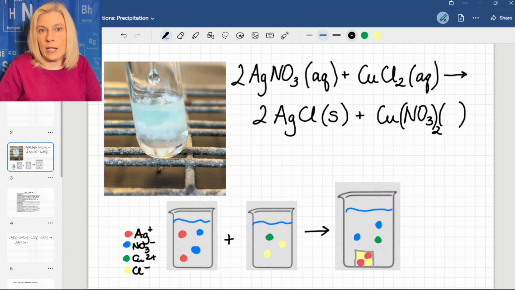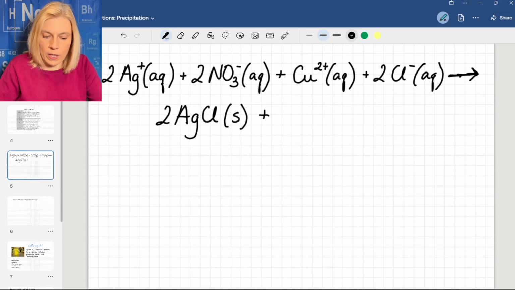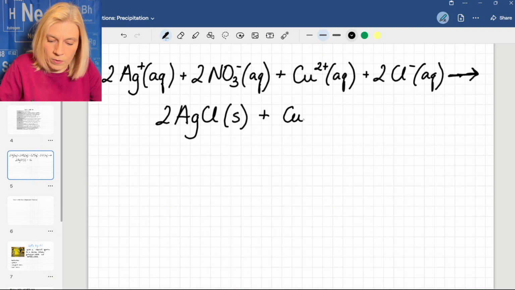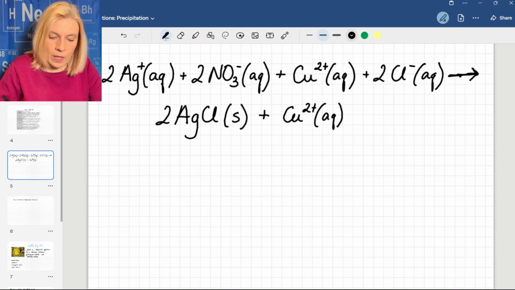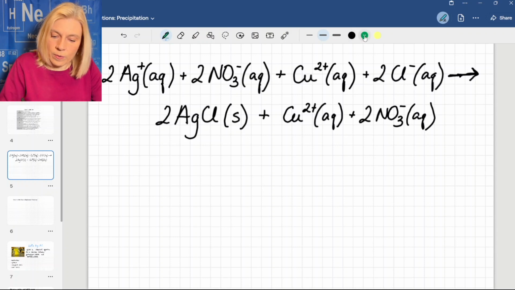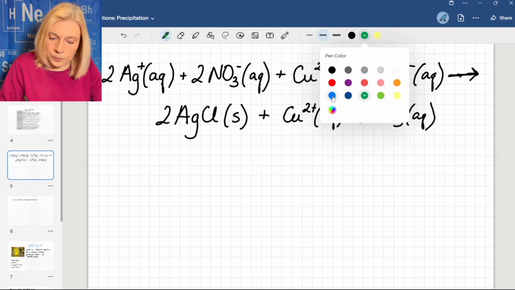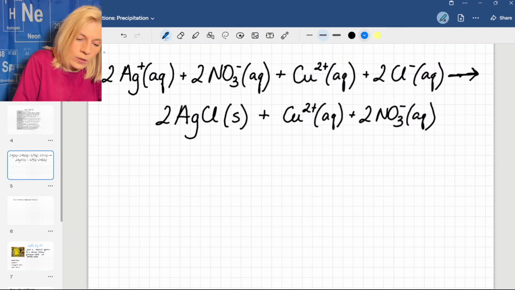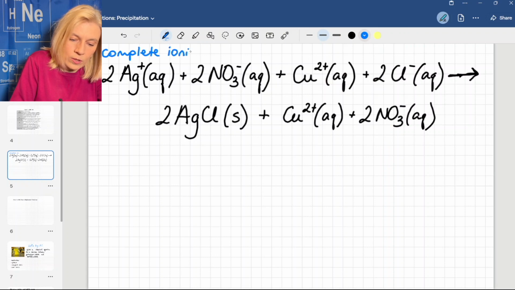They were swimming just like before. So I have copper ion swimming plus my 2 nitrate ions swimming. What I just wrote is called complete ionic reaction.